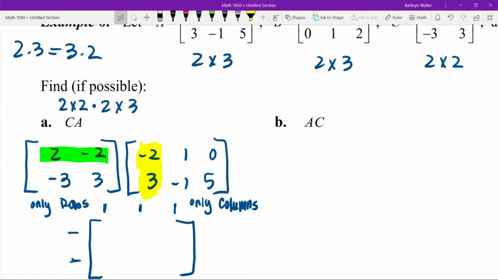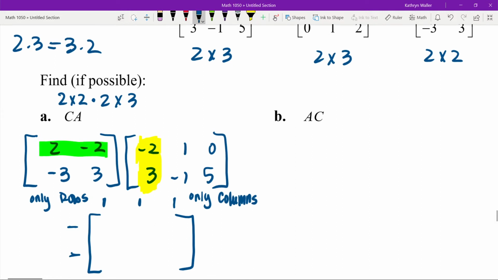So the 2 goes to the -2, and the -2 goes to the +3, and you multiply it. So when you flip it, you go 2 times -2 is a -4, and -2 times a +3 is a -6, and -4 and a -6 gives me a -10, and that's that number that goes right there.